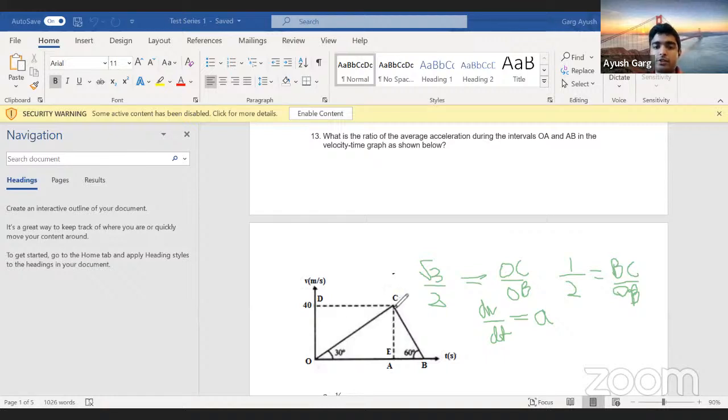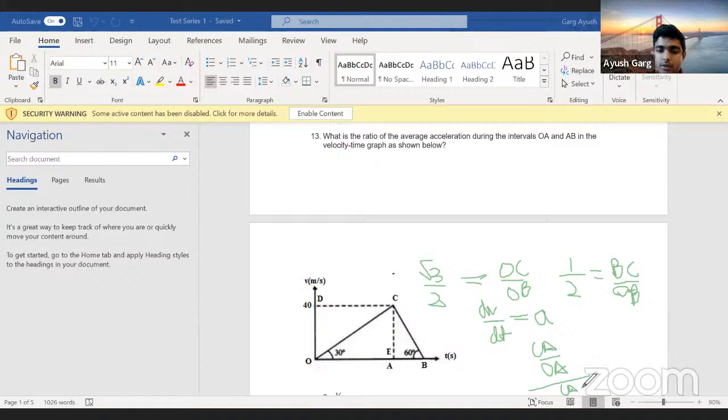So the ratio of this slope is going to be what? CA upon OA. And you have to find out the ratio of this slope. This slope is again CA upon AB.